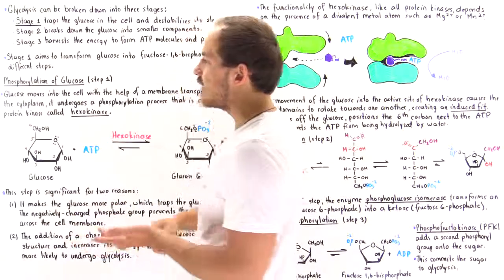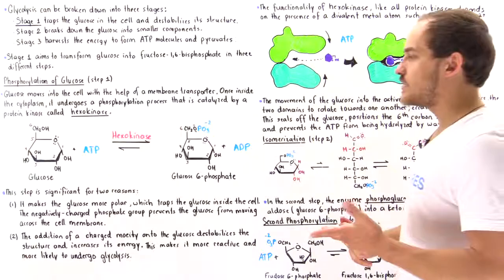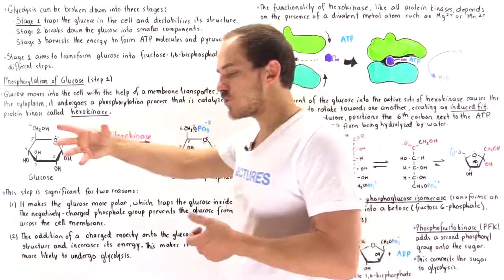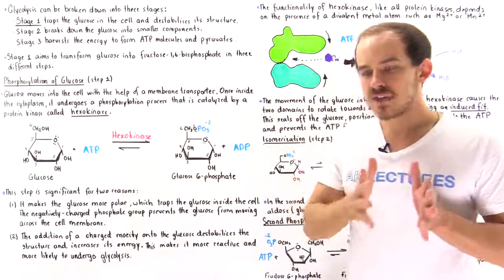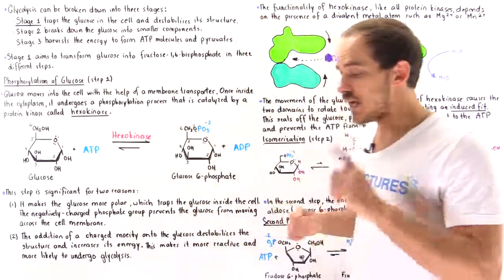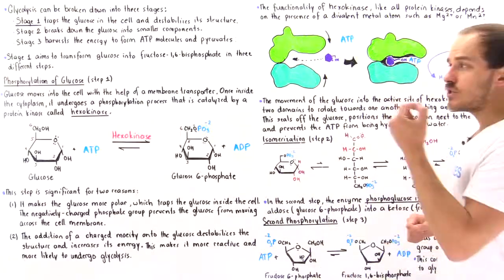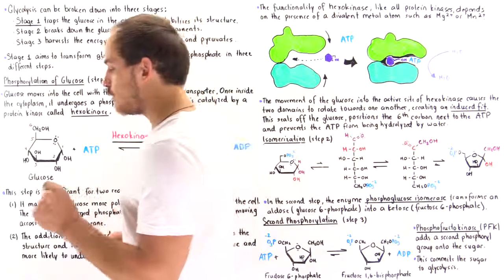So what exactly are the details of step 1 and why does it actually take place? Let's suppose we have a glucose on the outside of the cell, and in the membrane of that cell there's a special type of membrane protein that we're going to focus on in a future lecture that actually transports that glucose into the cytoplasm of that cell.